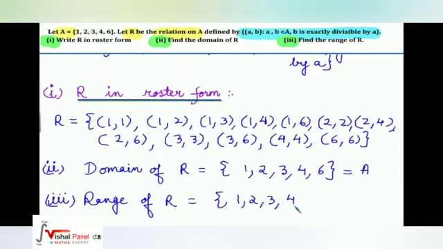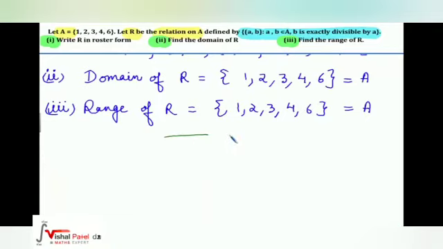The second elements are also 1, 2, 3, 4 and 6. That is also equal to A. So this is your final answer. Now move on to question number 6.